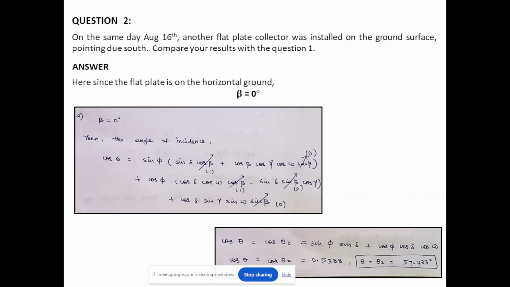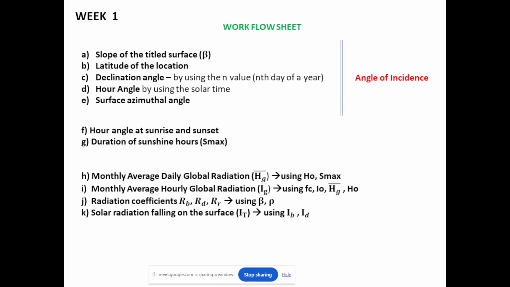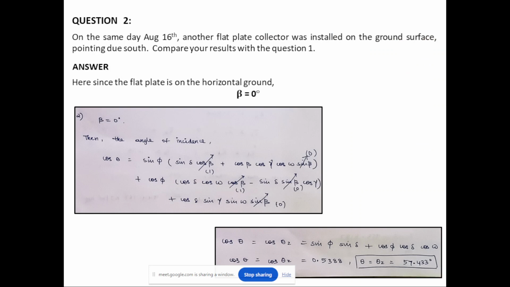So now we have to calculate according to these steps. We have to calculate the declination, hour angle, and then the monthly average daily global radiation, monthly average hourly global radiation, and then the total solar radiation that is falling onto the surface.